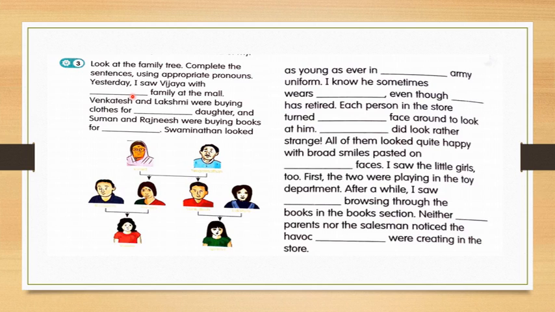She changes to her. Her family at the mall. So like that complete the remaining lines. You have to complete all these lines. I hope you will surely do the same for me. I'm waiting for your answers.